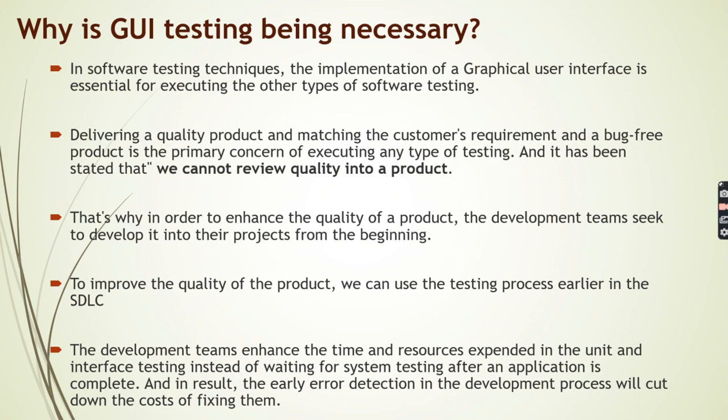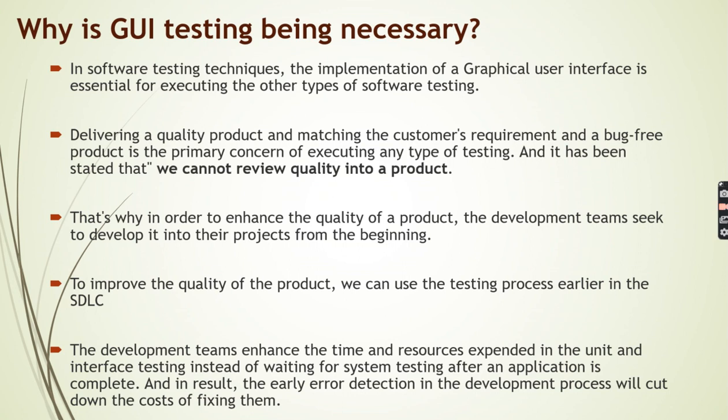And it has been stated that we cannot test quality into a product. That's why, in order to enhance the quality of the product, development teams seek to build it into their project from the beginning. To improve the quality of the product, we can use the testing process earlier in the SDLC, that is the Software Development Lifecycle, which is also known as shift left testing.